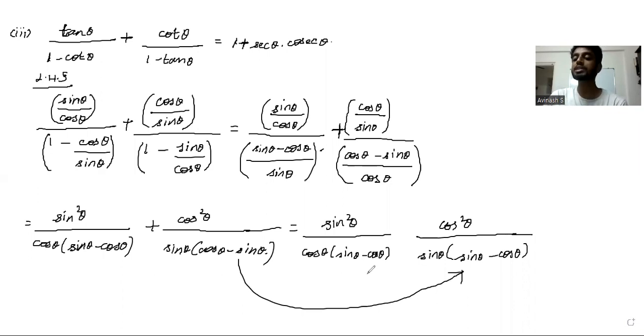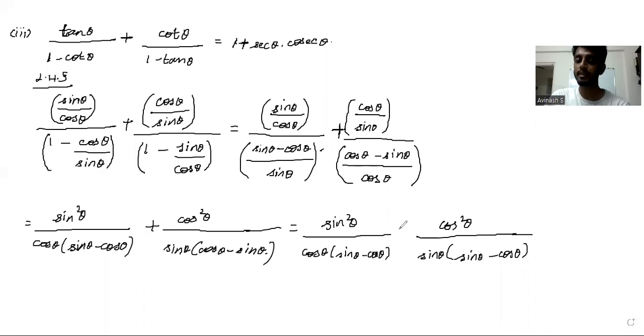But this change can be done only if you introduce a negative sign. Only then the terms will get interchanged. If it is a positive sign, then it's not a problem. We can interchange it anyways. But if it's a negative sign and you're going to change the order, then there is a negative sign coming in the outside, which will actually make the positive sign here negative. So this positive and this negative will interact and they will become negative.